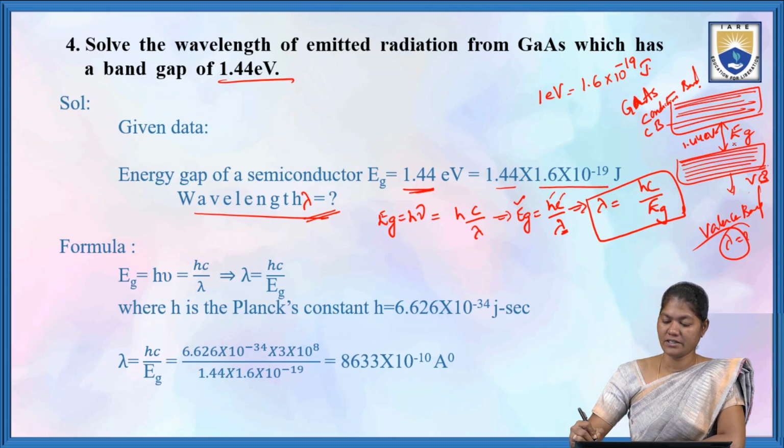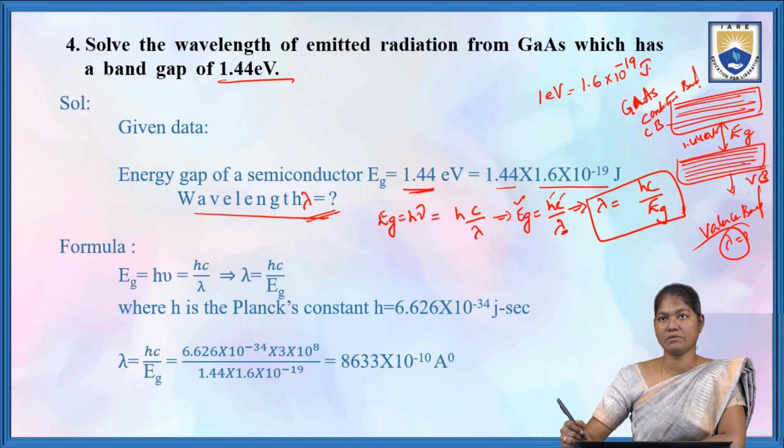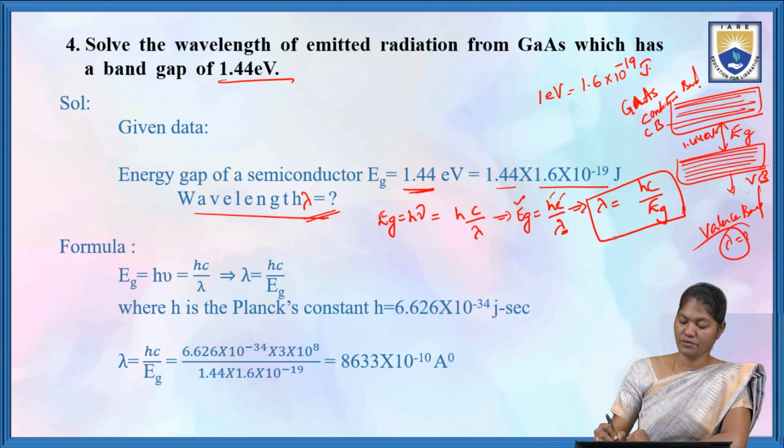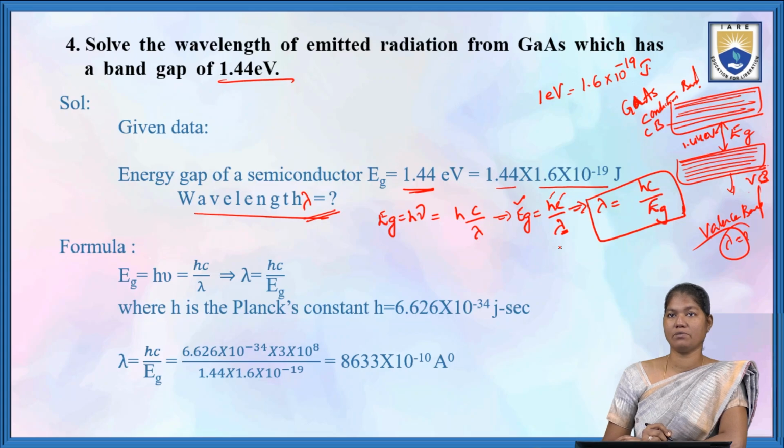So the energy gap between the valency band and conduction band is 1.44 electron volts, but we need to calculate the wavelength. The formula is lambda is equal to hc by Eg.